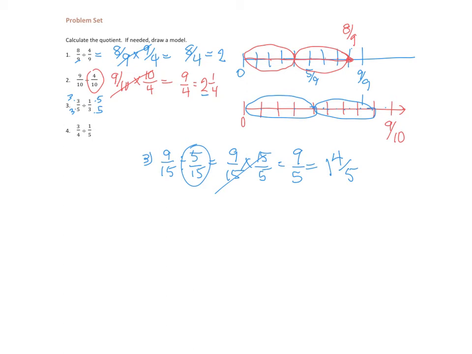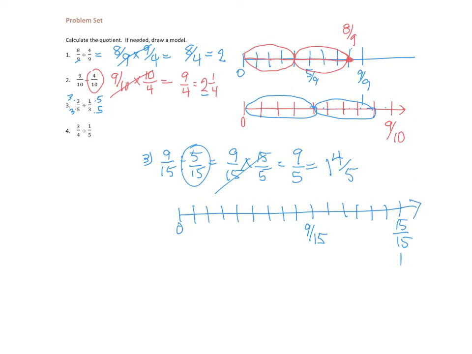Now I just need to draw it out. And I'm going to draw out, what did it say? I need to go to 9 fifteenths. So if this is my line here, 0. So 1, 2, 3, 4, 5, 6, 7, 8, 9 fifteenths. And then it would be 10, 11, 12, 13, 14, 15 fifteenths is 1.